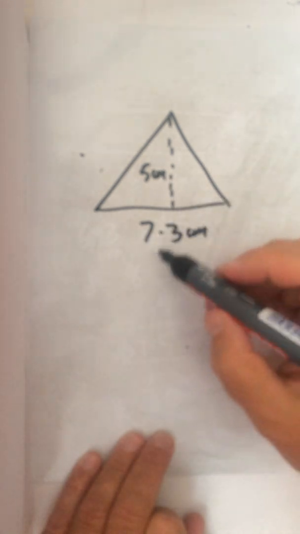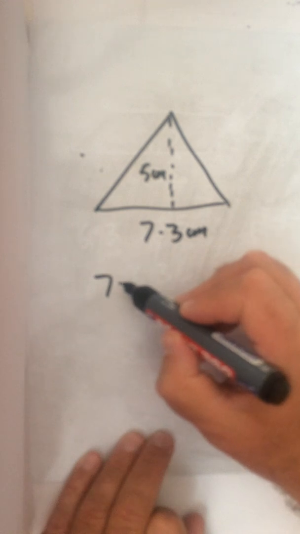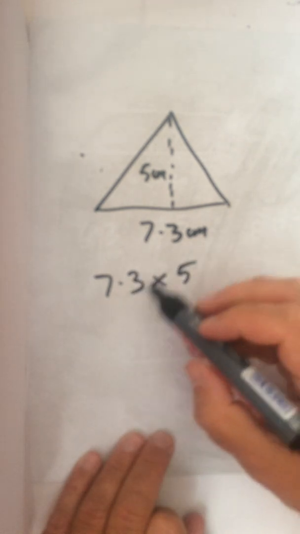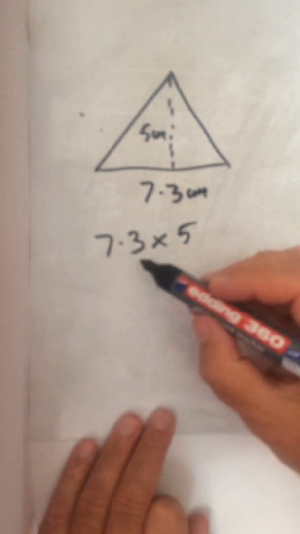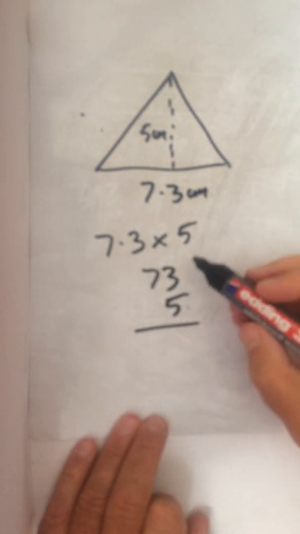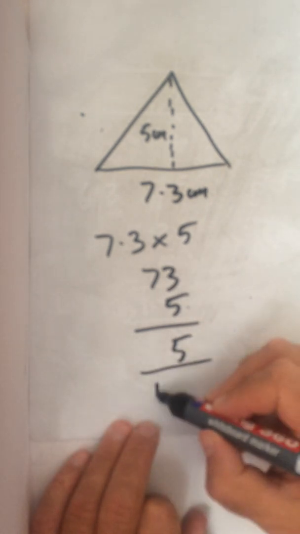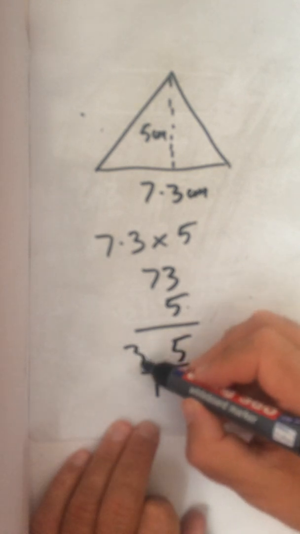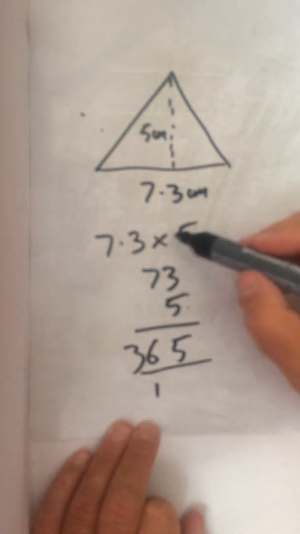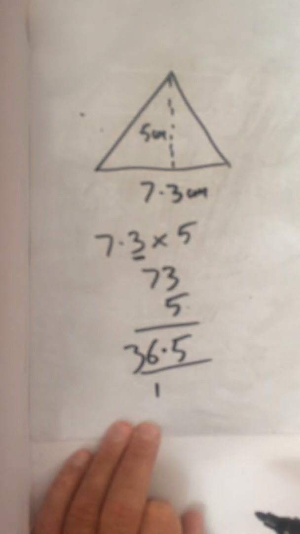So I'm going to multiply and divide by 2. So multiplying 7.3 times 5. Again, I'm going to ignore the decimal point for now. Times it by 5. 3 5s are 15. 5, carry the 1. 7 5s are 35, and 1 is 36. So I get 365. One number after the decimal point in my question, 1 in the answer.